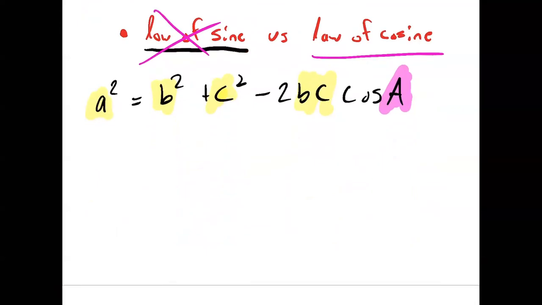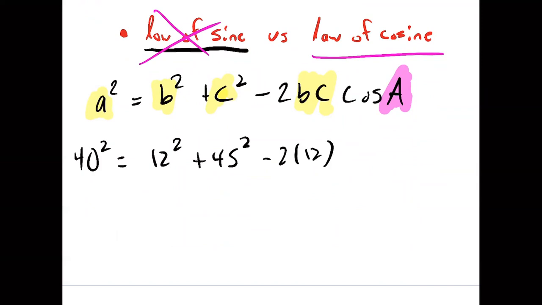So plugging all that in, we should get 40 squared is equal to 12 squared plus 45 squared minus 2 times 12 times 45 times cosine of A. All right.